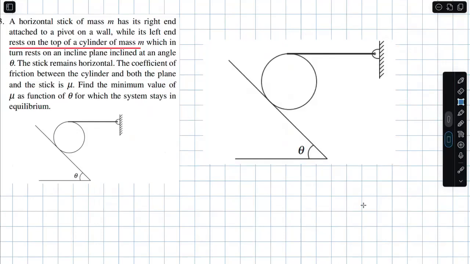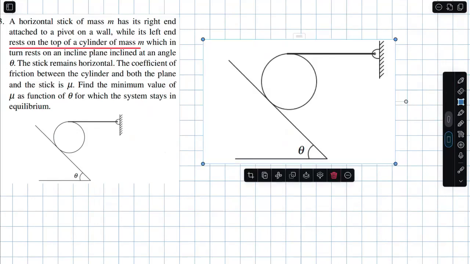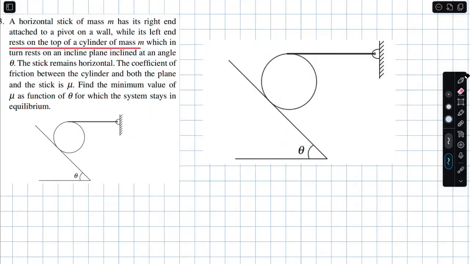Now, in this case, what is happening to the system? You can see here, mg weights.